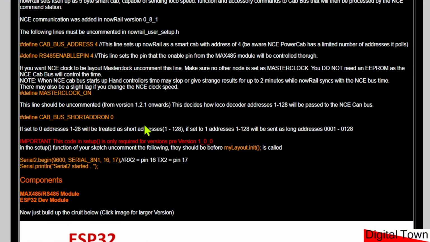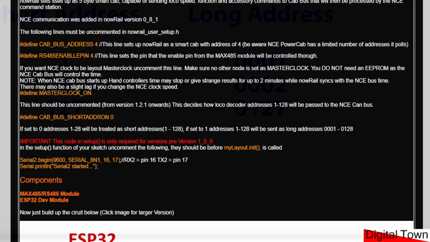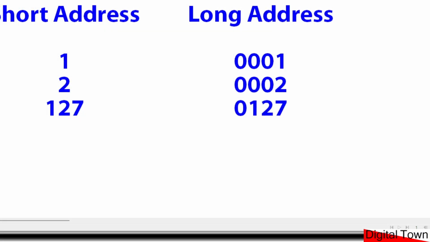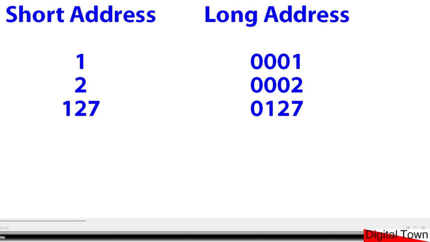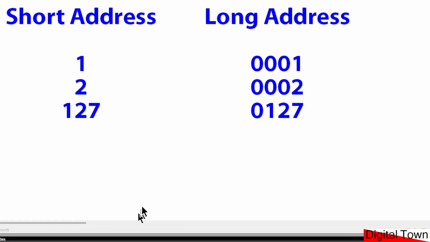Now let me explain what this is about. If you have ever set your decoder addresses using DCC, you will know that you can have a short address or a long address. Now, a short address is an address between 1 and 127.